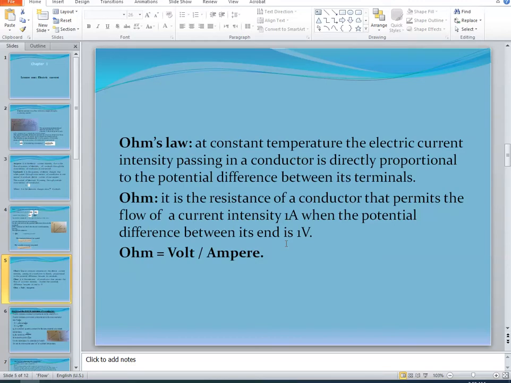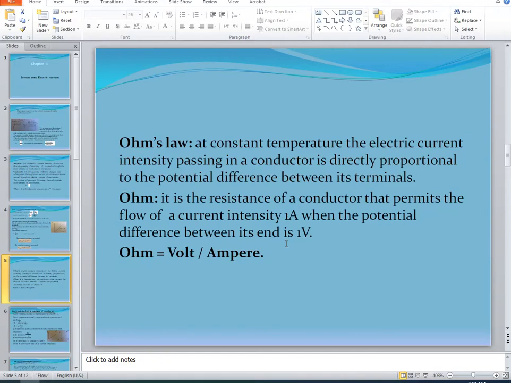But here the question is, why constant temperature? As the temperature increases or decreases, of course we will study increase and vice versa, decrease. As temperature increases, the vibrational speed of the atoms of the wires will increase, of course, because the heat energy will convert to kinetic energy.